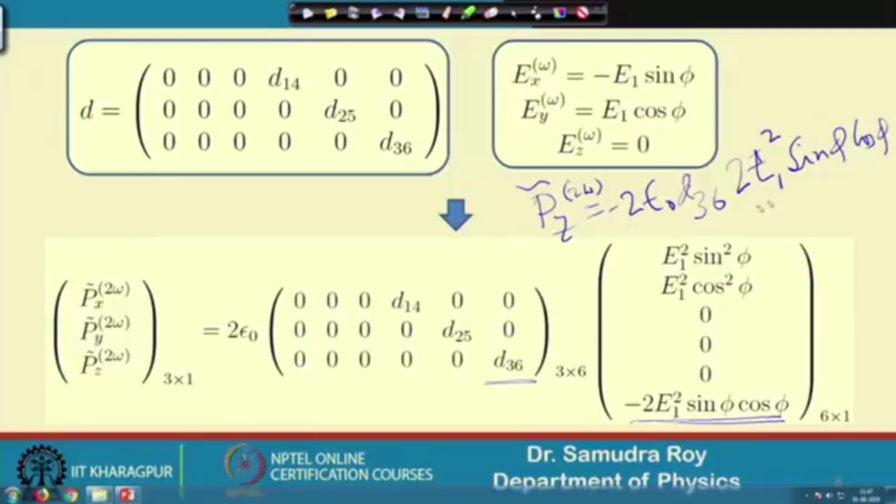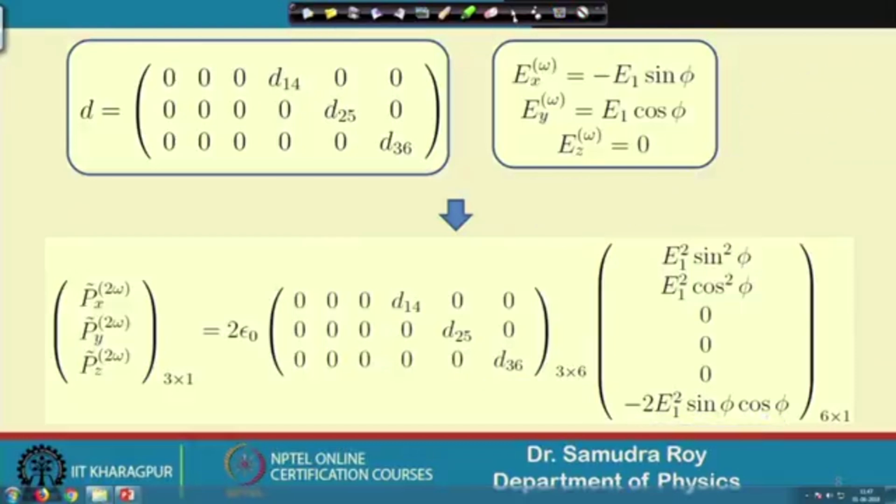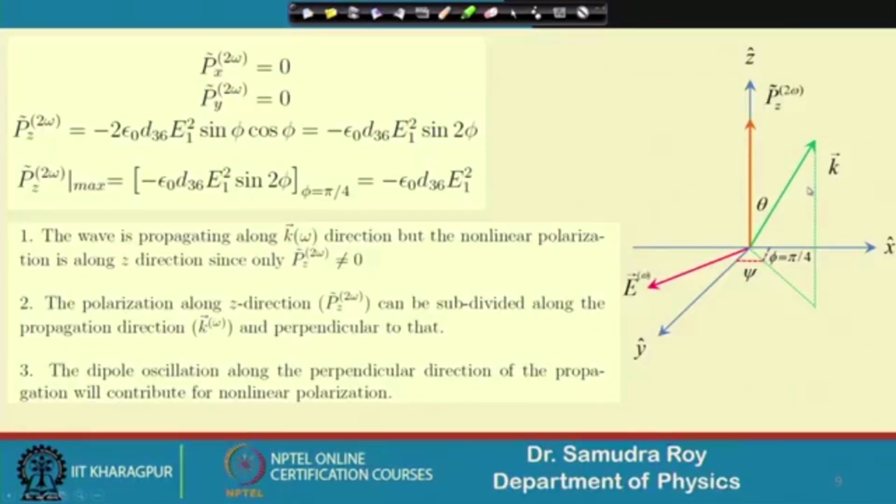So, in compact form, if I write this 2 sin phi cos phi as sin of 2 phi, I can compact this term, and this term will be 2 of epsilon 0 d 3 4 E 1 square sin of 2 phi. So, in the next slide actually we have written this thing here.